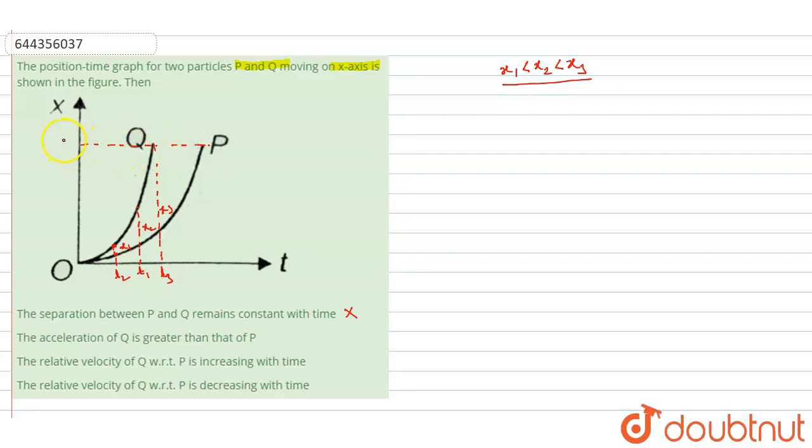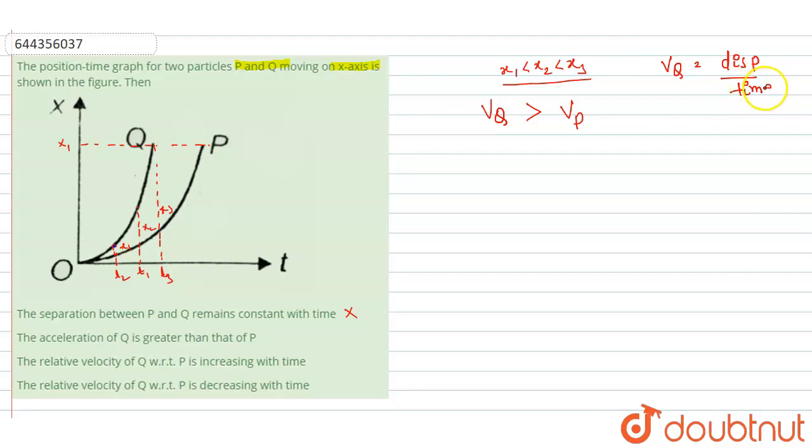So if we mark this as x1, Q has achieved the x1 position in very less time as compared to P. So we can say that the velocity of Q, vq, is greater than vp, because if you find the velocity of Q, vq is equal to displacement upon time.